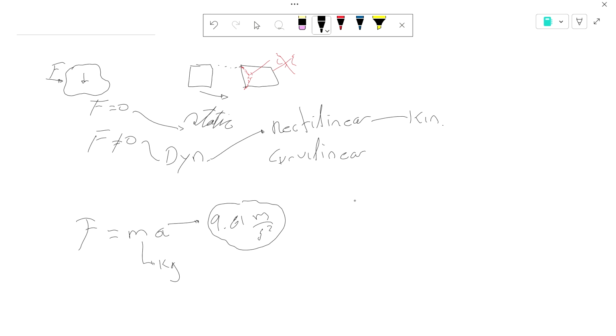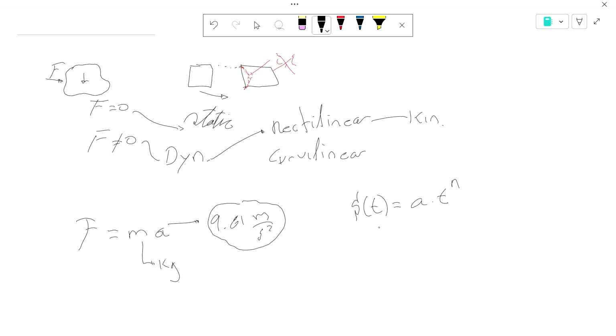Then if they ask you to find the path of a particle, they give you the function for it as a function of, say, time, and it's a constant times the time to a certain power. It's not a line, it's a curve, it's a polynomial expression.